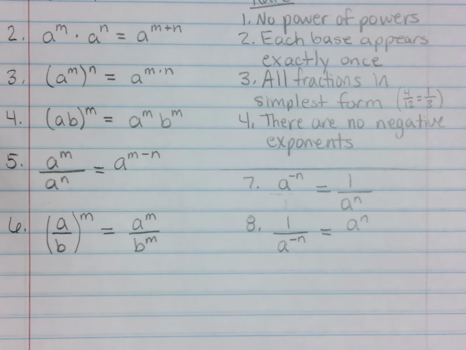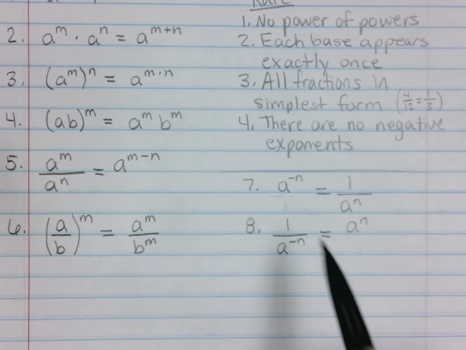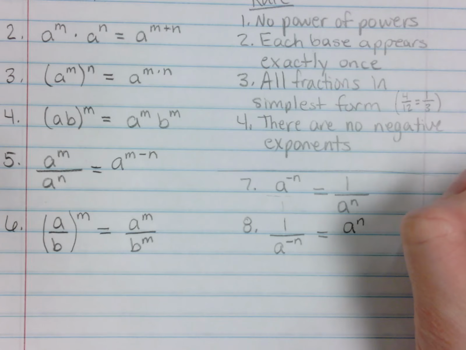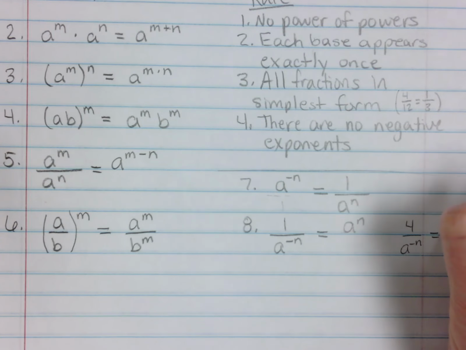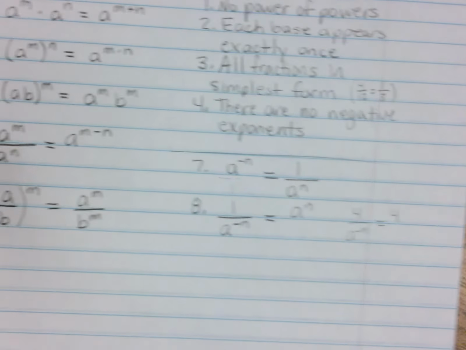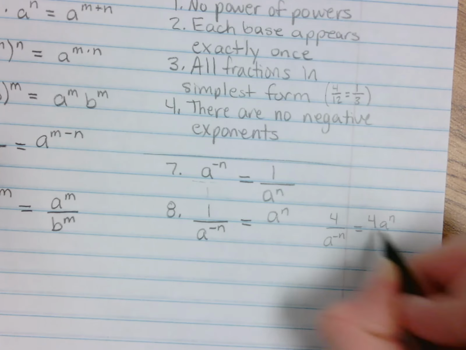Being careful that it doesn't always mean that if there's a number in the top, so in this case, yes, there is a 1 in the top, it doesn't necessarily flip that whole number. If this was a 4, so if it would have been a 4 over a to the negative n, we would still leave the 4 because it does not have the negative exponent. Only the a has the negative exponent. And the a to the positive n would come up to the top.